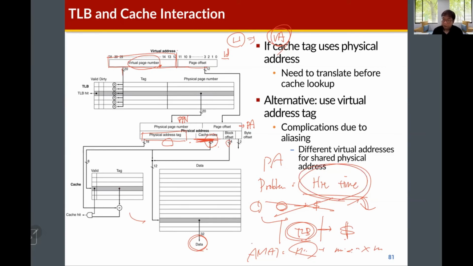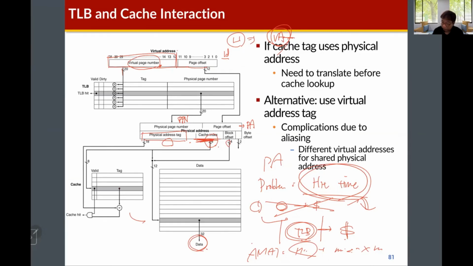But this concept of virtual address access also has a problem.